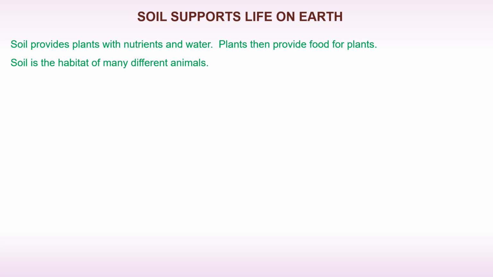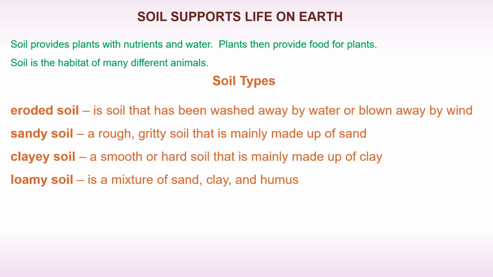Right, soil supports life on Earth. Soil basically provides plants with nutrients and water. It provides food for plants. Soil is the habitat for many different animals. Now, there are different types of soil. You get eroded soil. This soil has been washed away by water or blown away by wind.